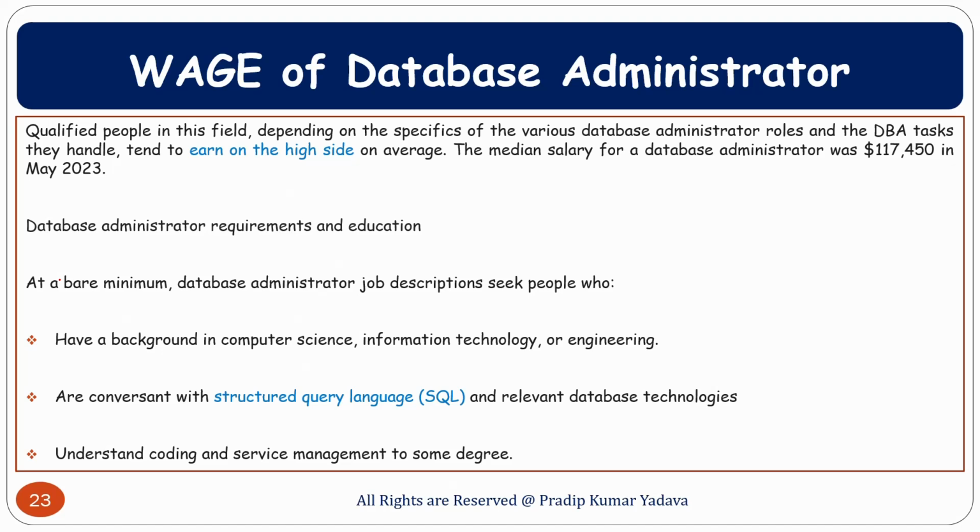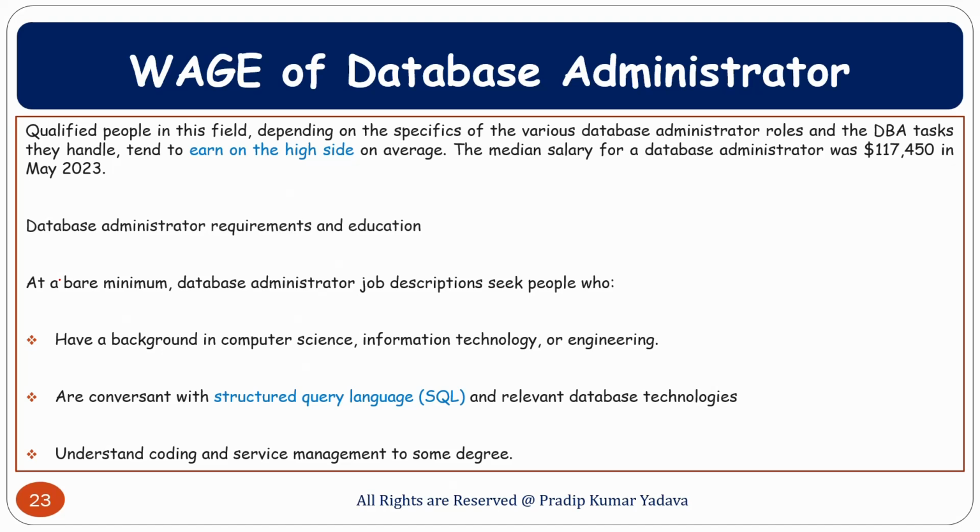Now, if you're talking about salary, in May 2023 the salary of a database administrator was near about $120,000, which is near about 1 crore per annum, I think.